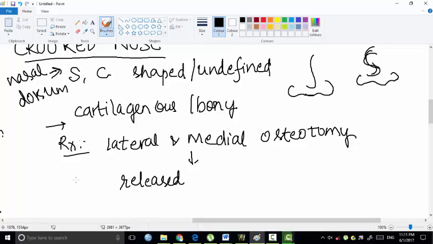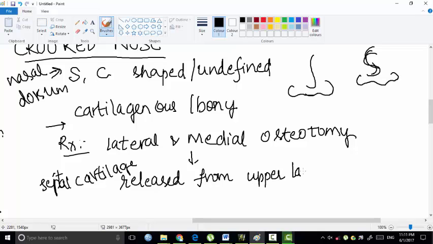Basically the excess cartilage is septal cartilage. The septal cartilage is released from the upper lateral cartilage by intercartilaginous incision.